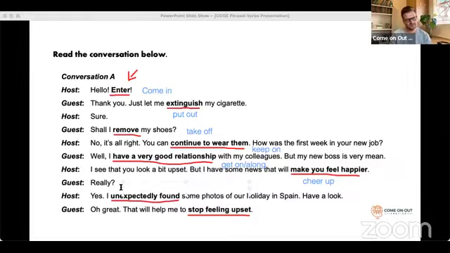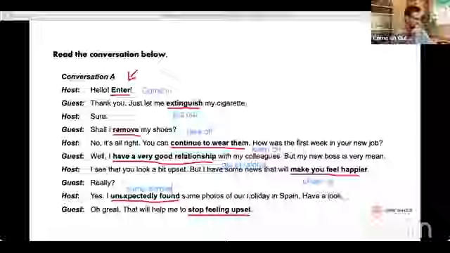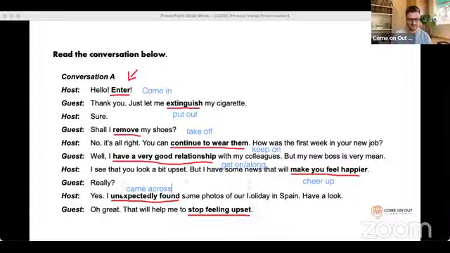Unexpectedly found. So can you think of a phrasal verb that means to unexpectedly find something, meaning you were not looking for it, but you found it? Okay, this is also a very popular one, and it is come across.